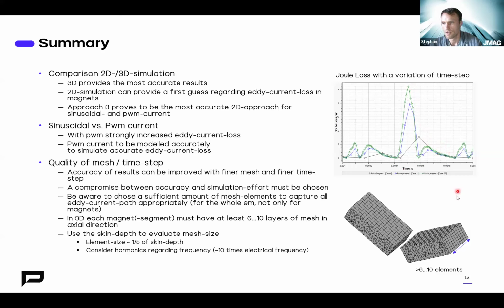So that is what I want to recommend. You can use the frequency which you want to consider in this loss calculation to determine the time step of the simulation. And you can also use the maximum frequency to determine the size of the mesh elements inside the magnets, and maybe also in the surrounding parts of the e-motor, to have a good mesh afterwards.